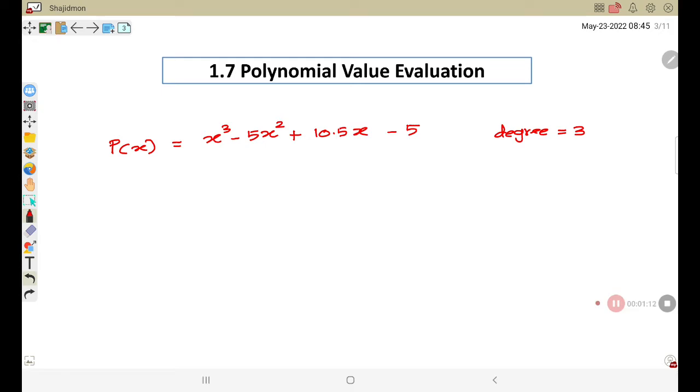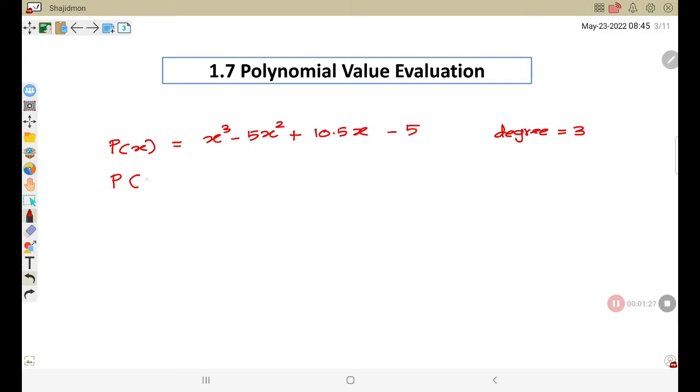Now, when we apply a number x to this polynomial, what will be the polynomial value, using rounding or chopping techniques? If we have an integer, the calculation is a little easy.